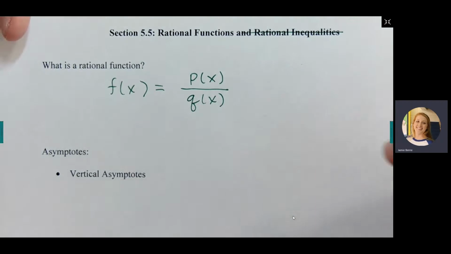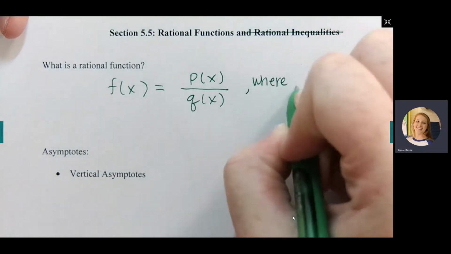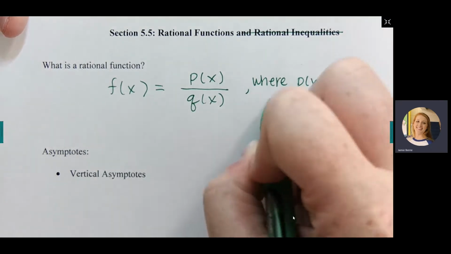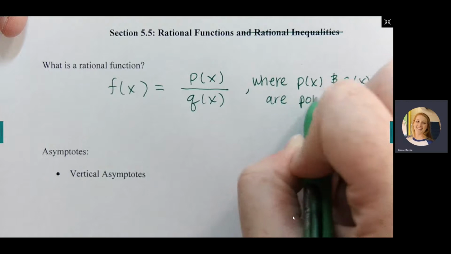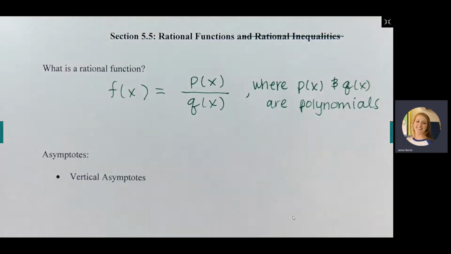So f of x equals p of x over q of x, where p of x and q of x are polynomials. Okay, so just a fraction with polynomials in the top and in the bottom.